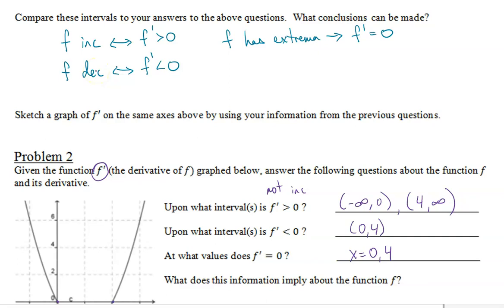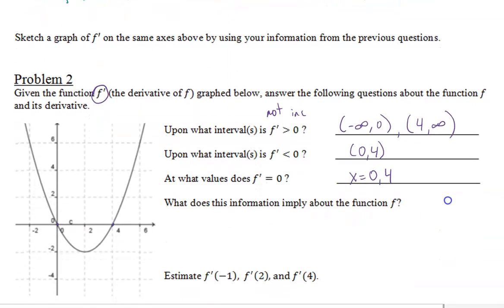It's very important that you memorize this relationship, because a lot of what happens in calculus, like on AP tests, is you are given information about one piece and you are asked about something else. Like you're given information about f prime and you're asked what that says about the behavior of f, or vice versa. So make sure that you memorize that.